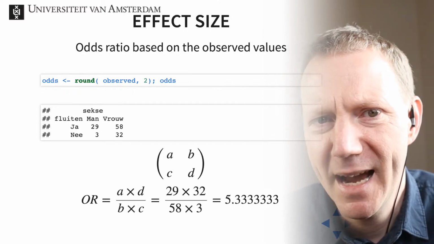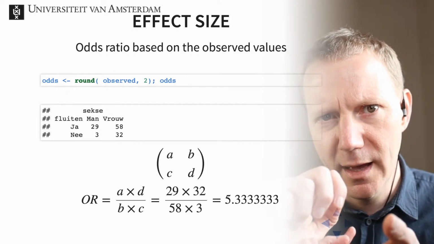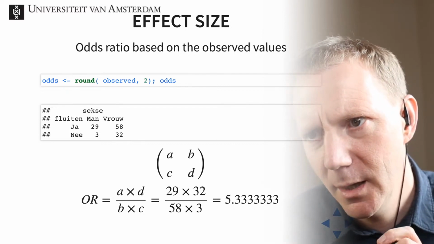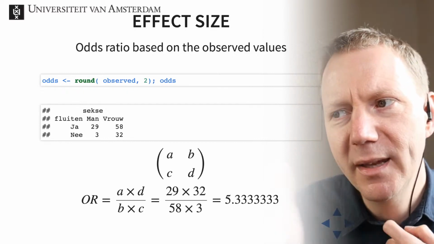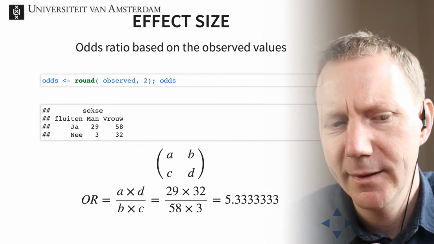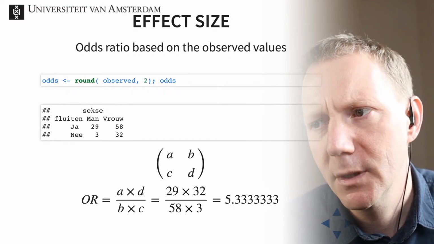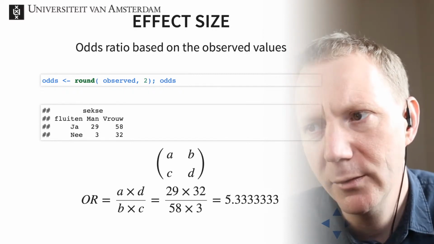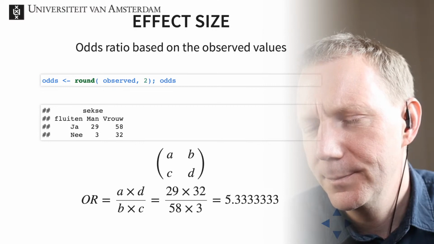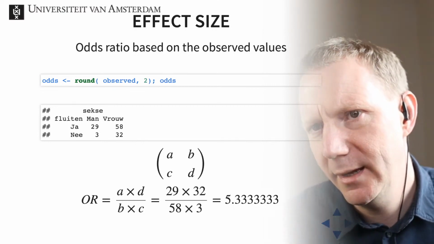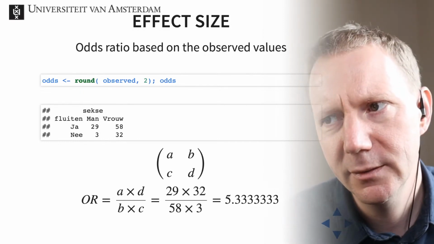So it means you can have multiple effect sizes, and the meaning of the effect sizes is a little bit different depending on what route you choose. Andy Field is not very explicit in what route you should take. So I'm going to show you a different way here, and I'm going to compare it to the way Andy Field does it.